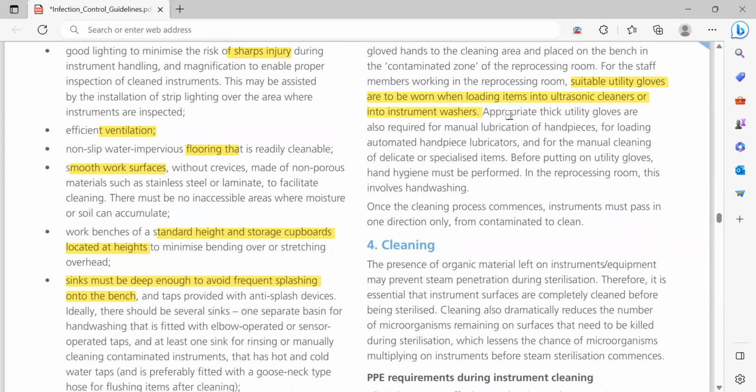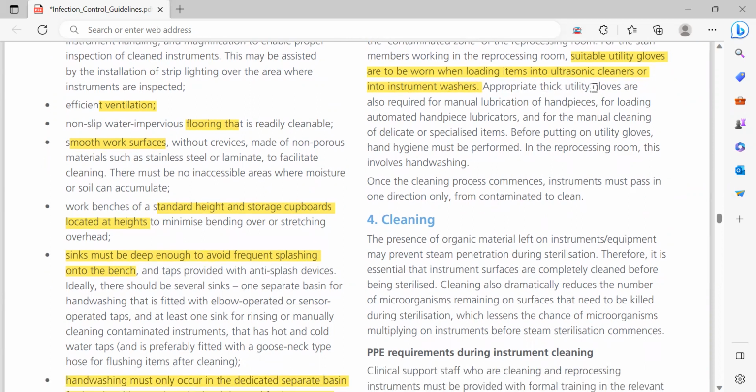So the person who is working in the sterilization room should wear the utility gloves either to load the ultrasonic cleaner, or if they are using the instrument washer.